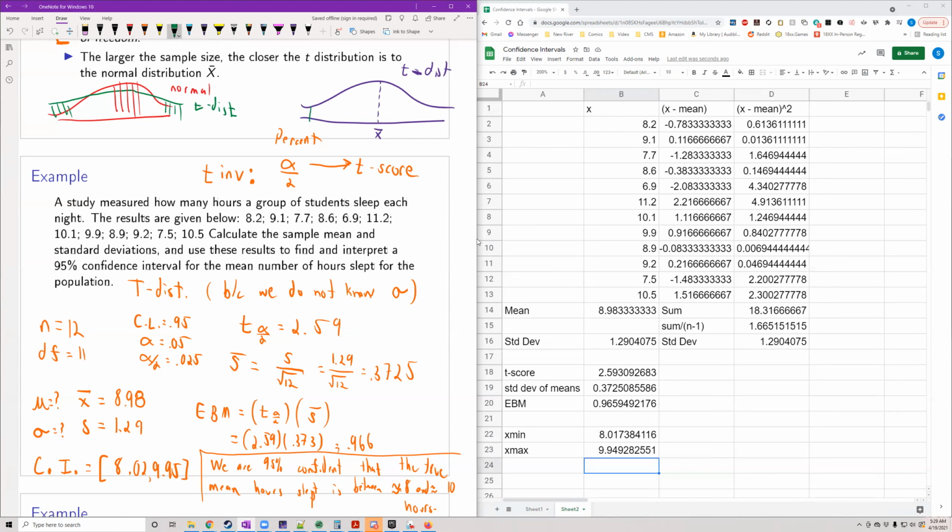We're looking for 95%, which means over here we have 2.5% since it's on either side. This is the error bound of the mean. We've got our X min and our X max over here, which form the endpoints for our confidence interval.